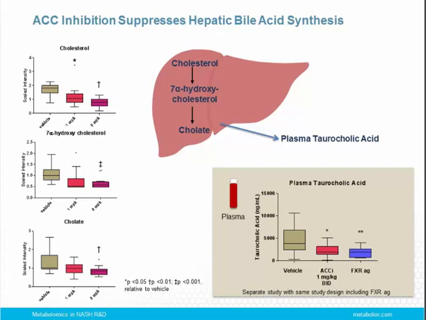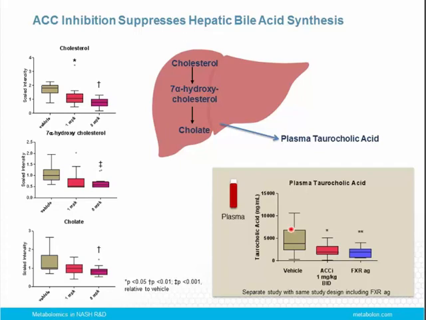Additionally, we saw some interesting effects on markers of bile acid synthesis. Cholesterol itself is down with ACC treatment, and so are some intermediates of bile acid synthesis. And so we wanted to test if we had an effect on plasma bile acids. In this synthetic pathway, the cholate is conjugated and released to the plasma as taurocholic acid.